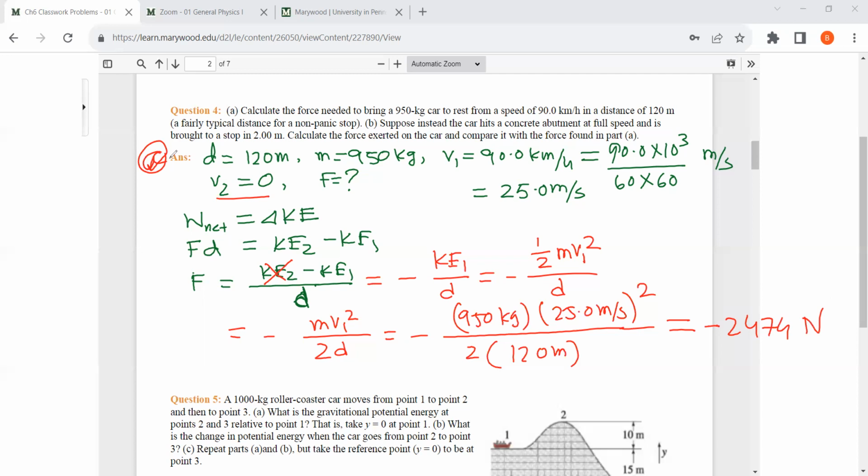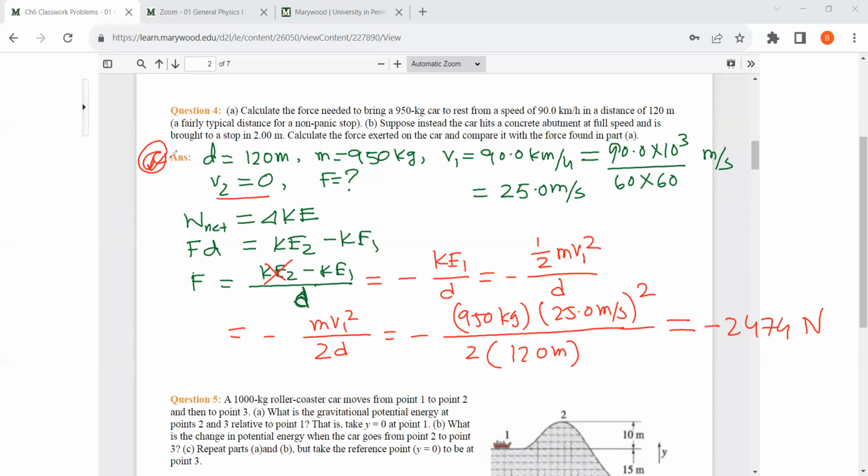Now, the second one tells us, suppose instead the car hits a concrete wall, a concrete abutment or wall, at full speed and is brought to a stop in 2 meters. So if instead of 120 meters the displacement is 2 meters, what is that force?